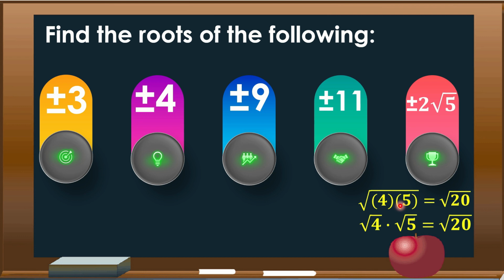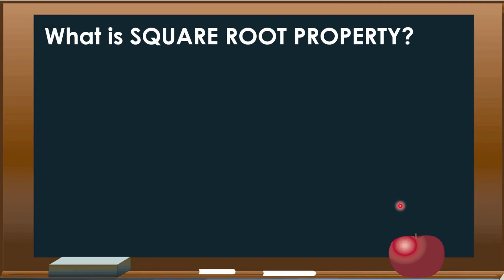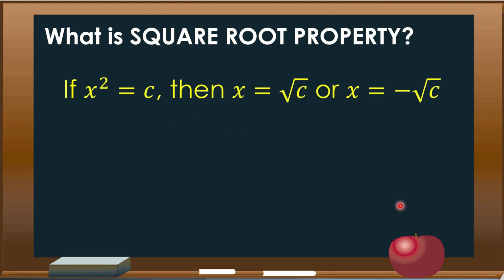That's it. Next, what is the square root property? If you still remember in our objectives, we are going to apply the square root property. The square root property states that if x squared is equal to c, then x is equal to square root of c, or x is equal to negative square root of c.